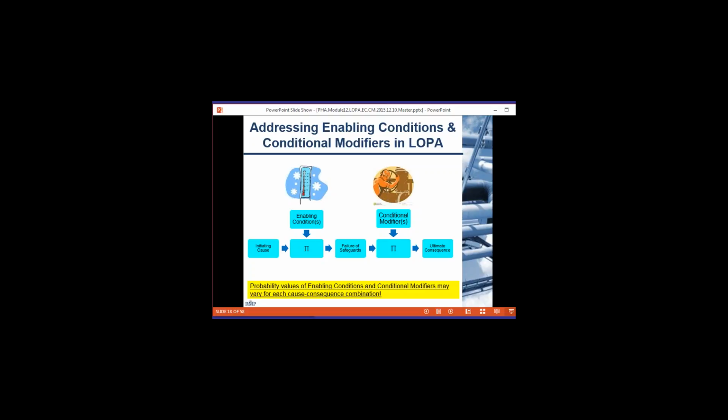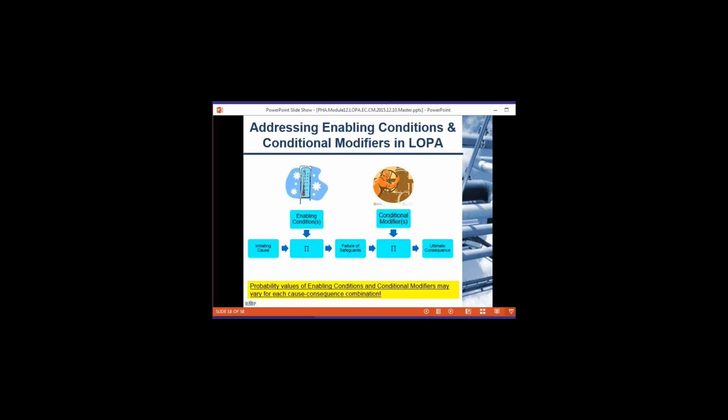Things like operator presence. If you have an accident and nobody's there to get hurt, well, your consequences associated with personal injury are zero. So the conditional modifier is a way to blend in the probability and multiply it with the primary loss event frequency to get an understanding of how likely it is, or what's the frequency, of getting to that ultimate consequence.